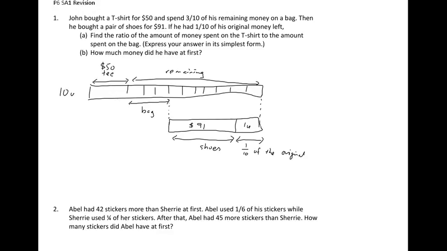So, here is actually 7/10. We know that 7/10 is actually $91 plus 1 unit. True or false?